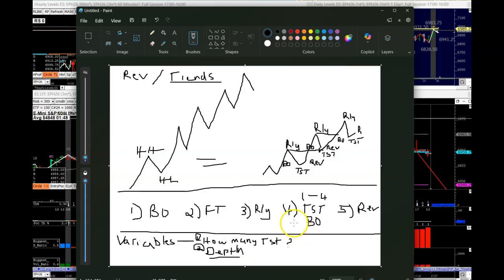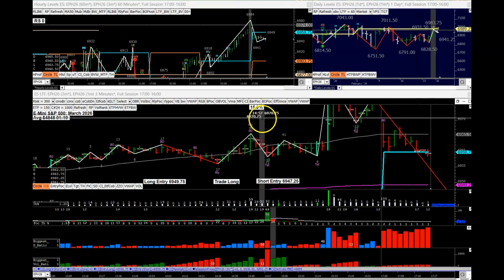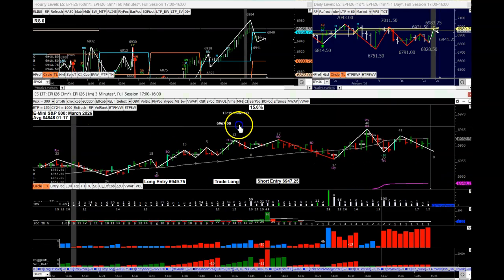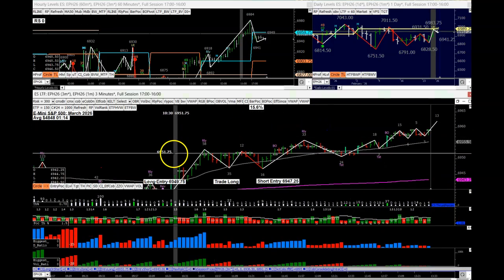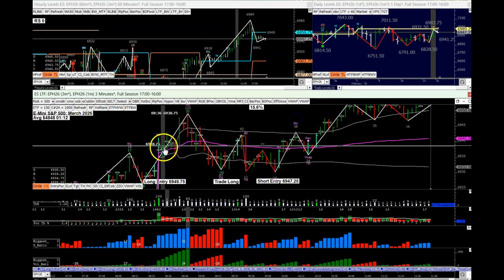But anyway, it doesn't really matter, because what mitigates this is the breakout bar, because even though you don't know how deep the test is, you know a general idea, and that's what I'm showing you here. This is the breakout bar.